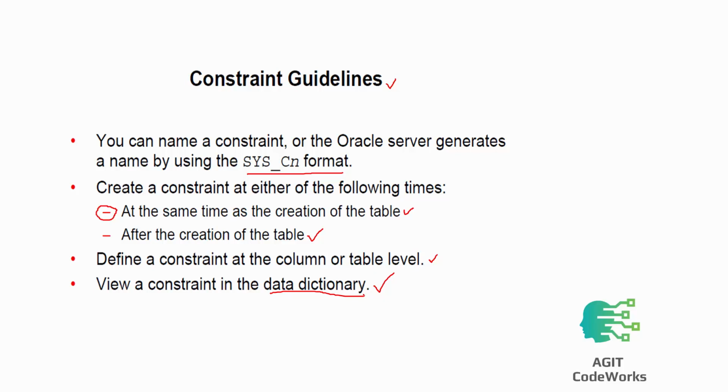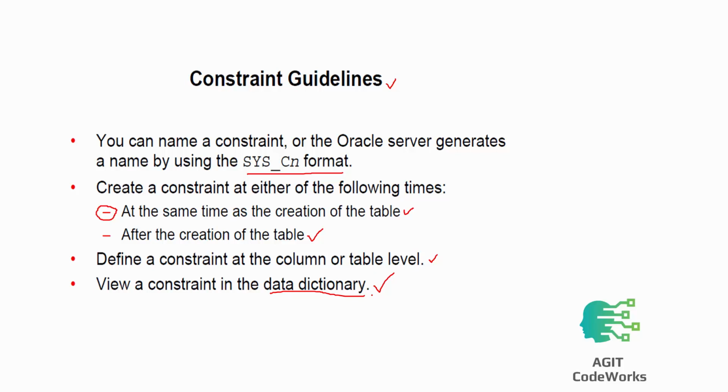A data dictionary is basically a table not created by a user. It's a system table. What it does is to hold, just like the English dictionary holds every single recorded word in English, a record of all the objects created in your Oracle database server.